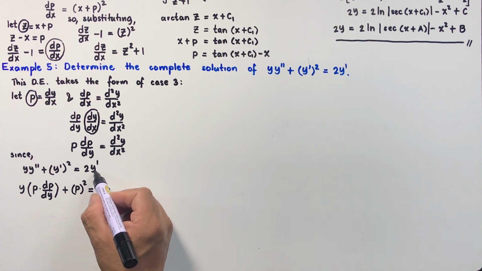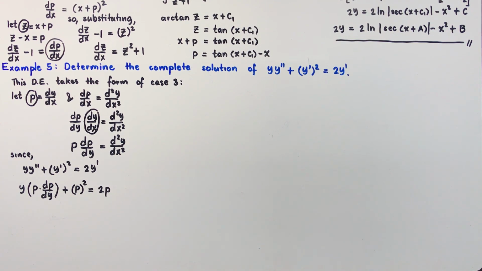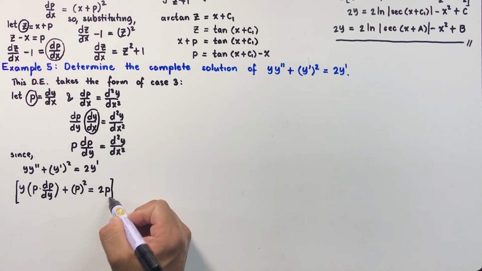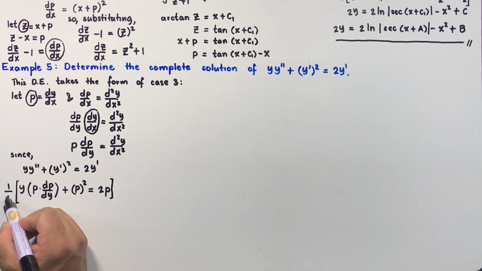To eliminate this p, we need to multiply both sides of the equation by 1 over p.